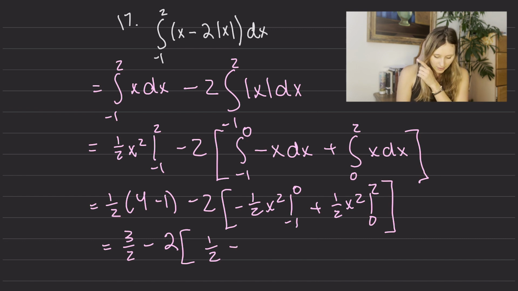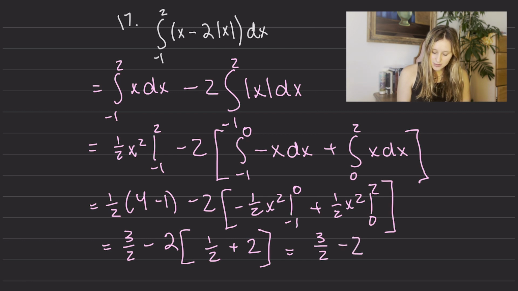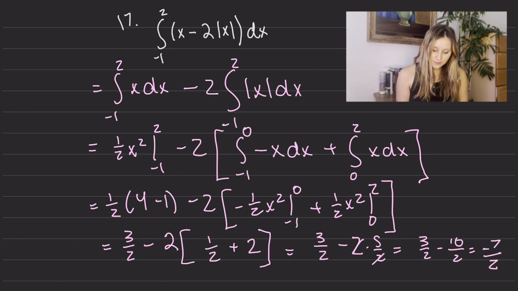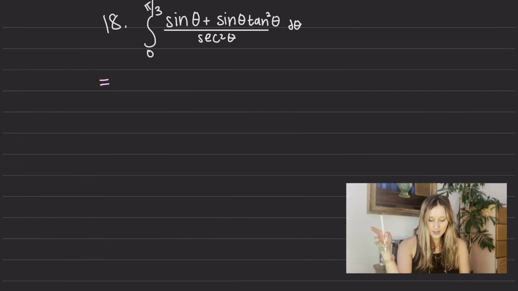And then we get 1/2 x squared, so 2 squared is going to be 4, minus 0, so that's going to be 2. We get 3/2 minus 2 times 5/2, cancel that out. We get 3/2 minus 10/2, we get minus 7/2. Period. Good job.